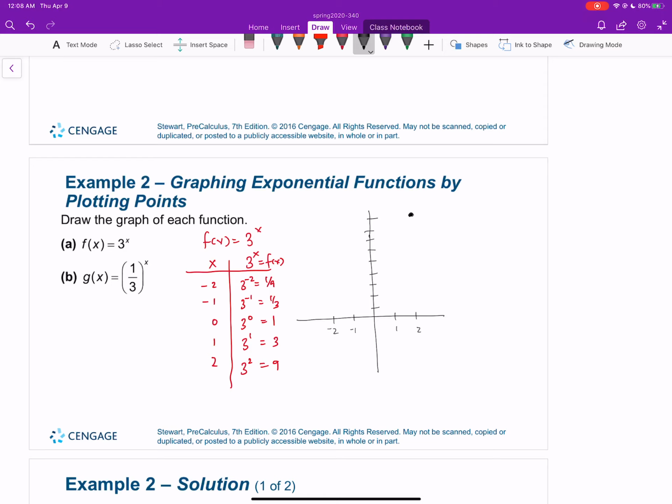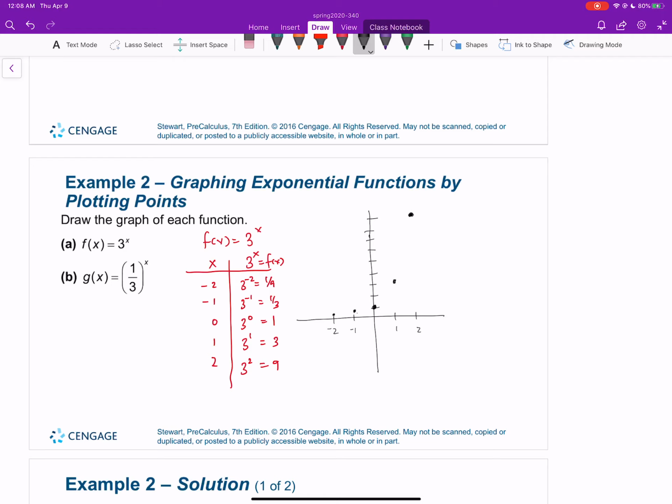When x is equal to 1, that is 3. At x equal to 0, that is 1. At x equal to negative 1, that is 1/3. At x equal to negative 2, that is positive 1/9.